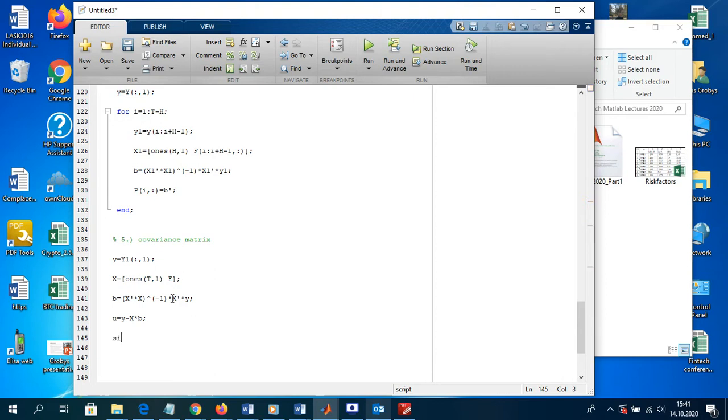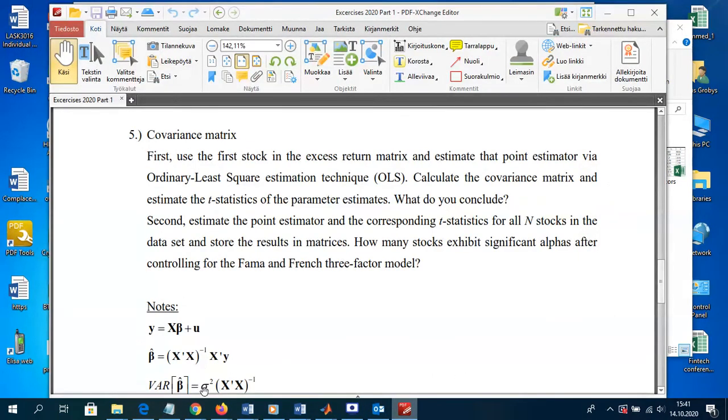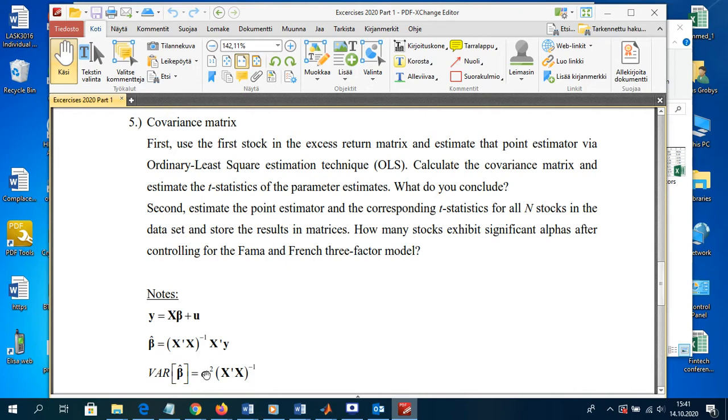Then we say, okay, sigma2 denotes the estimated variance of our residual vector, because we know in the formula we need to estimate this sigma squared, which is the residual variance.